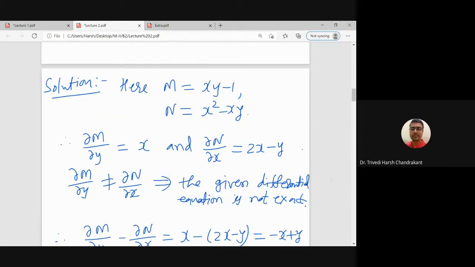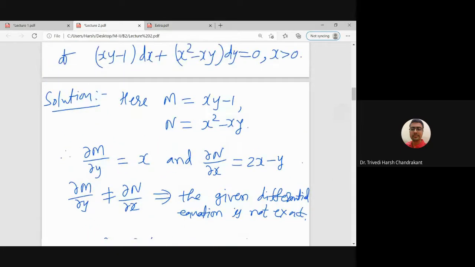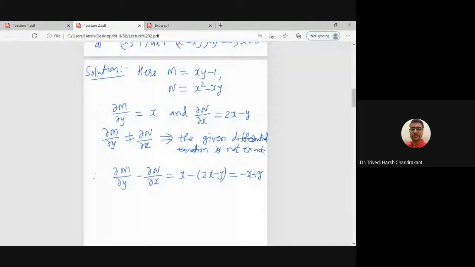Now the question is that we know M and N. In the first method, we need to divide this quantity by N, and if it is a function of x, we can apply the first method. If we divide this quantity, minus x plus y, by M, and if it is a function of y, then we will apply the second method.